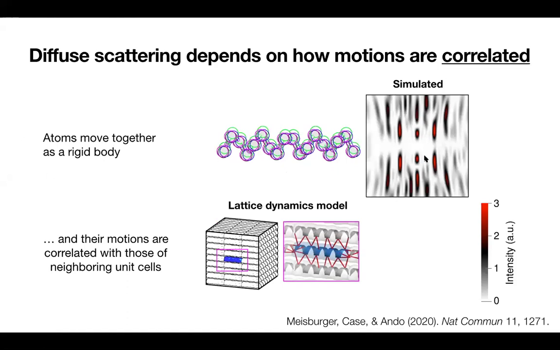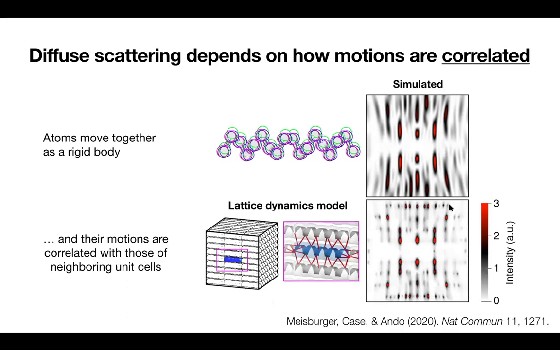Okay, so I showed atoms moving together as a rigid body. Now, what happens if the motions of those atoms are correlated with those of neighboring unit cells? To give an example of that, I made a simple lattice model where each alpha helix is packed into this crystalline array, and I put springs between the atoms in neighboring unit cells, and I let this thing vibrate at room temperature. Here's the pattern you see.